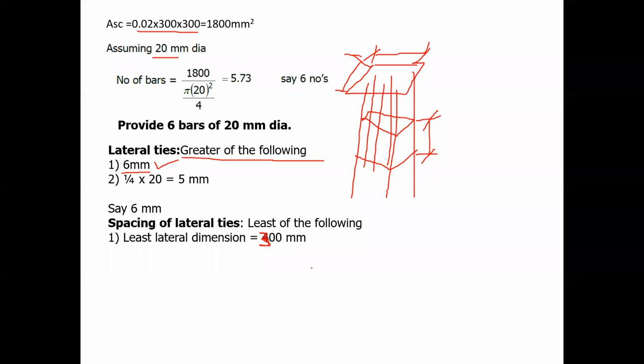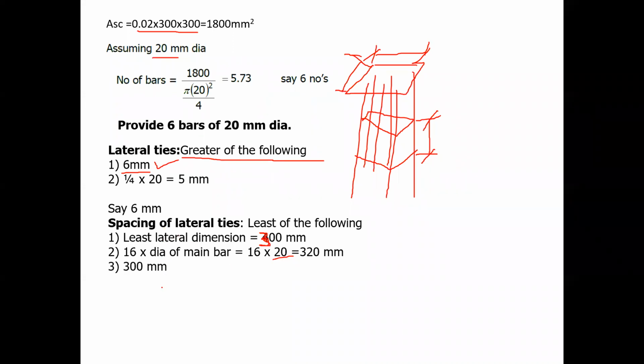Next, the second condition as per the IS code is 16 times the dia of the main bar. The dia of the main bar is 20, so 16 into 20 is 320 mm. Is that clear? Yes, sir. And the third condition is 300 mm. Among these three you have to take the least.